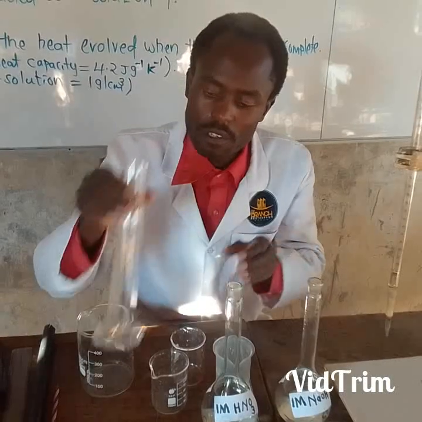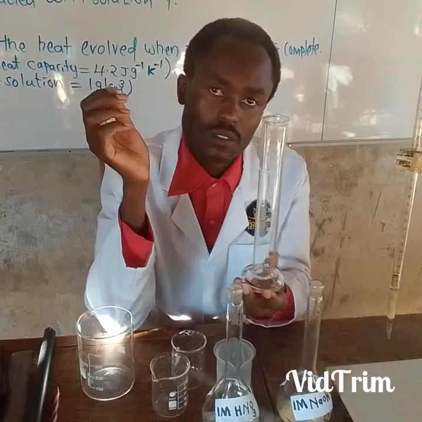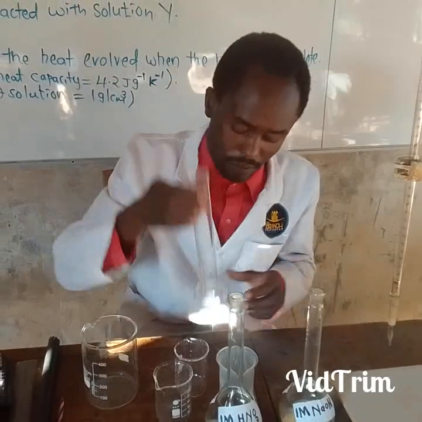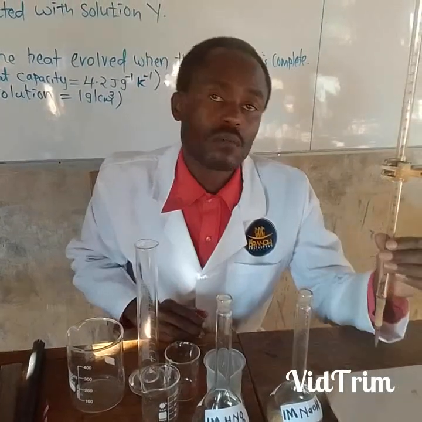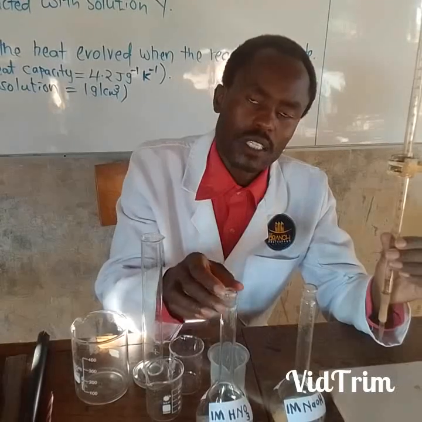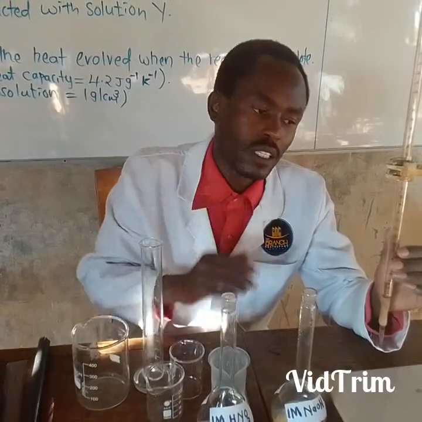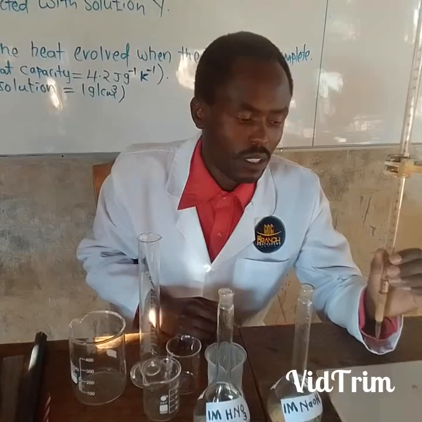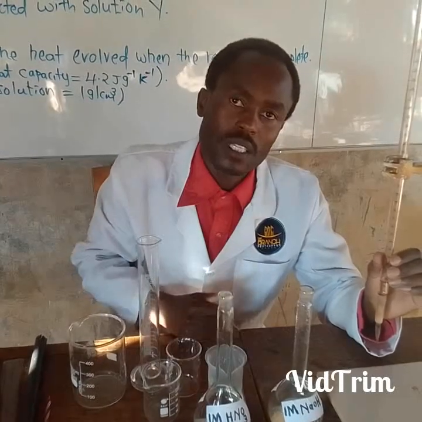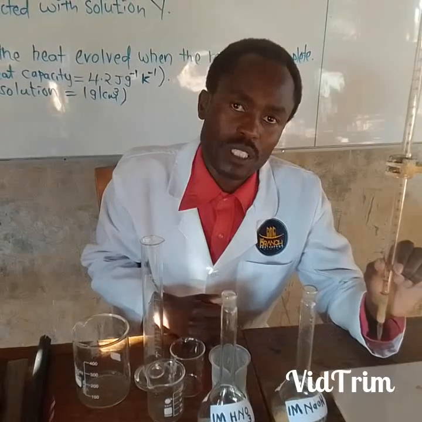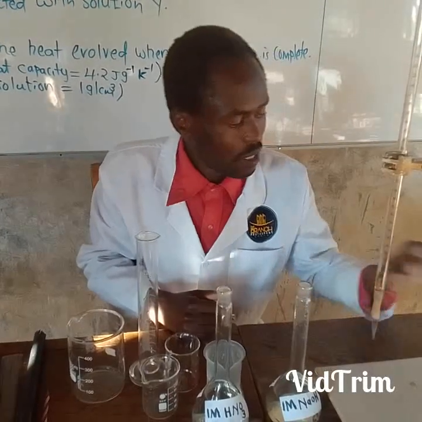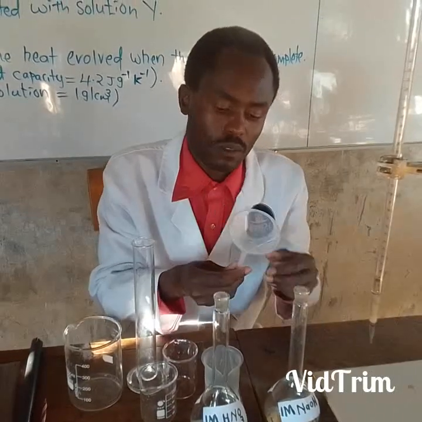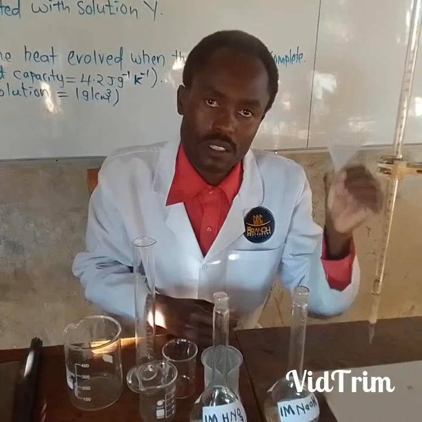Then I have a measuring cylinder, 100 mils, made of glass. Then I have the burette. Some students normally believe that a burette is only used in titration experiments. No, even in enthalpy changes, it is used to measure accurate volumes. Then I have the funnel, which will enable me to fill the burette with these solutions.